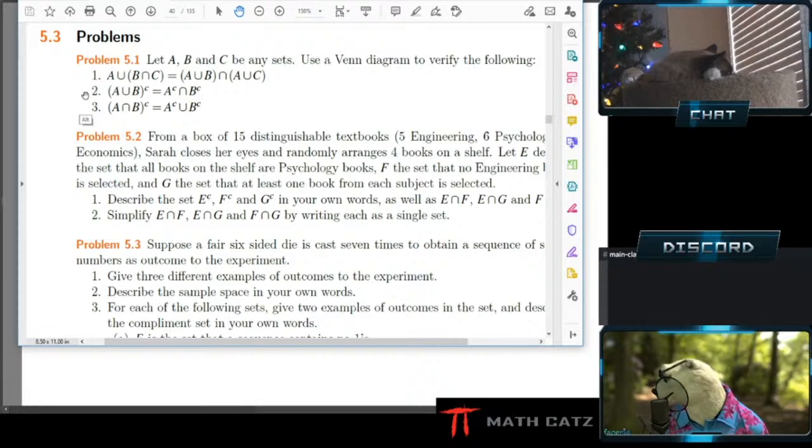Number two and three are the same, but they involve this complement, so my strategy is the same. I just have to systematically go about making these results. Brackets come first. So for example, in the first one, I would find the union of A with B, make it a color, and then the complement is everything that does not have that color. See the result, and then combine it in this way and so on.